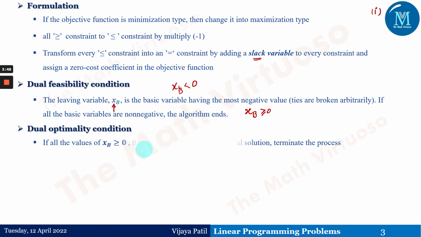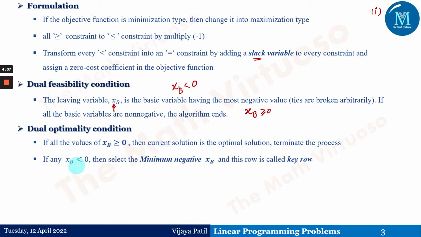Then the dual optimality condition: if all the values of xb are greater than or equal to 0, then the current solution is the optimal solution, terminate the process. That means if we have all the xb's greater than or equal to 0, we will not be able to continue or start with the dual simplex method. If any xb is less than 0, then select the minimum negative xb and this row is called the key row.